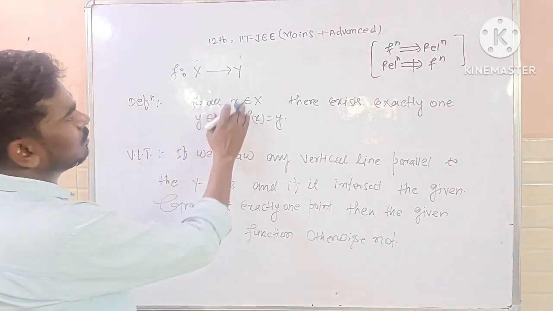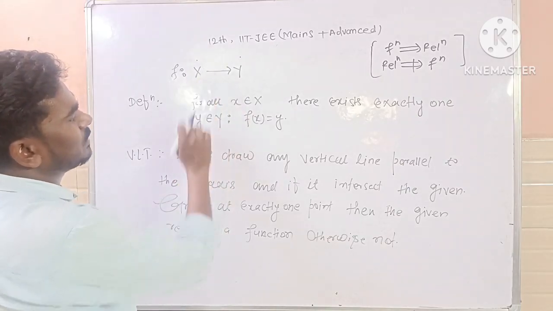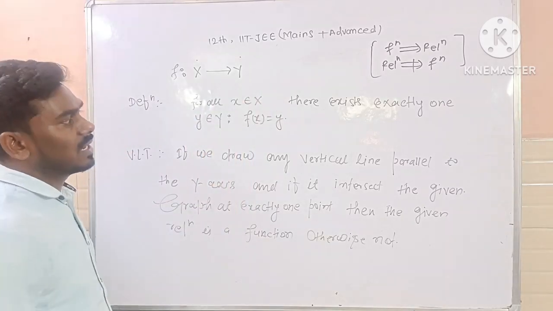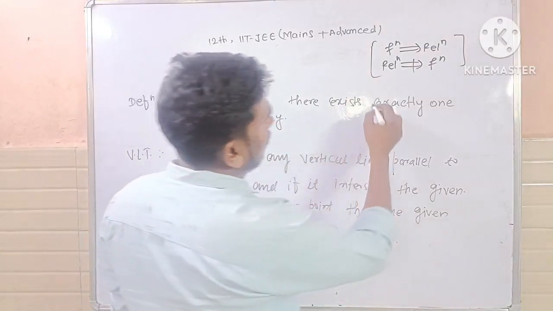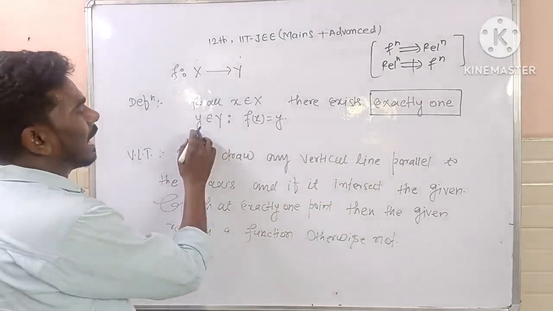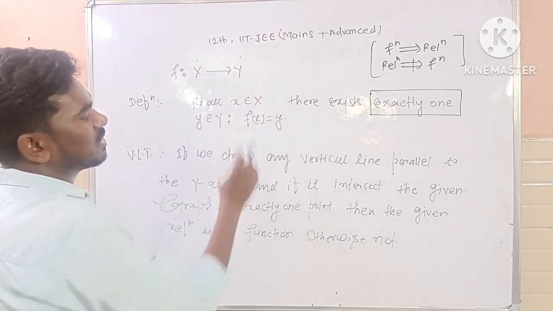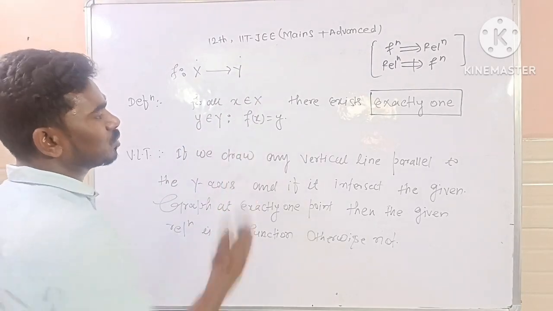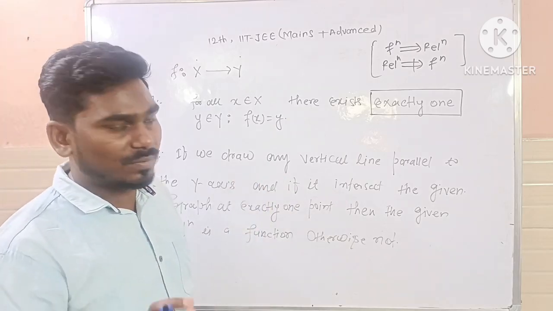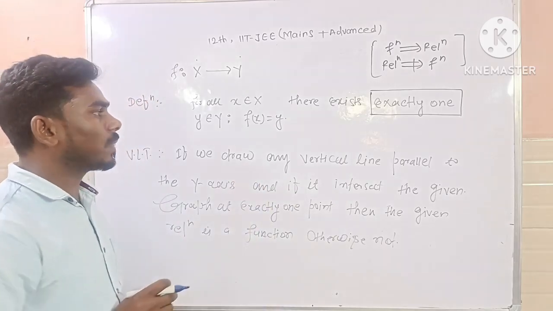For all x belonging to the domain space, there exists exactly one y in the codomain space such that f of x equals y. If it does, then the relation becomes a function, otherwise no.